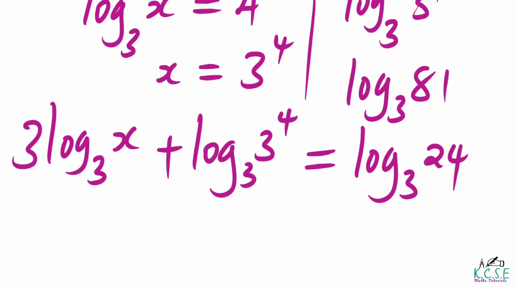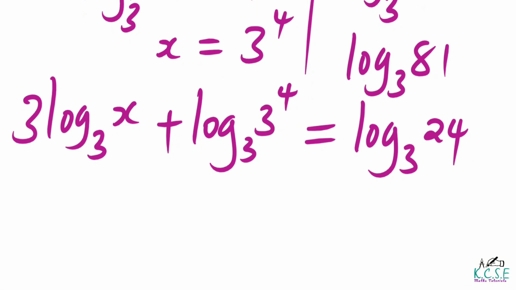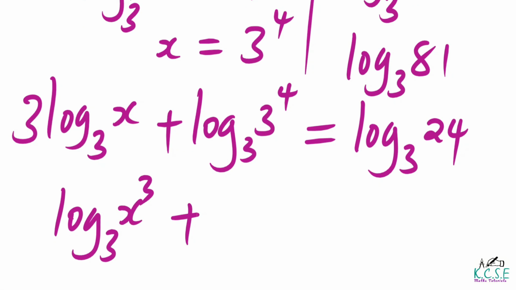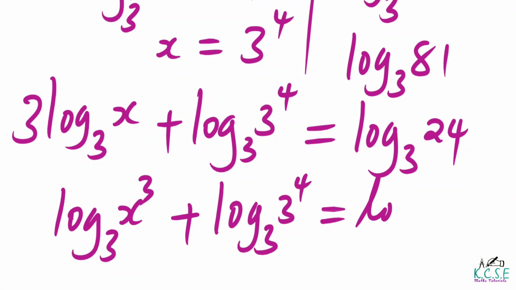So from there, we can continue. These 3 log x will be logarithm of x cubed, plus this one we can leave it like that, and then logarithm of 24 to the base of 3.